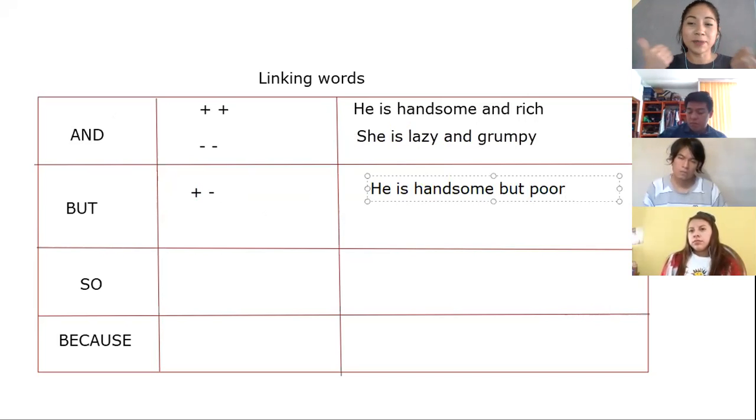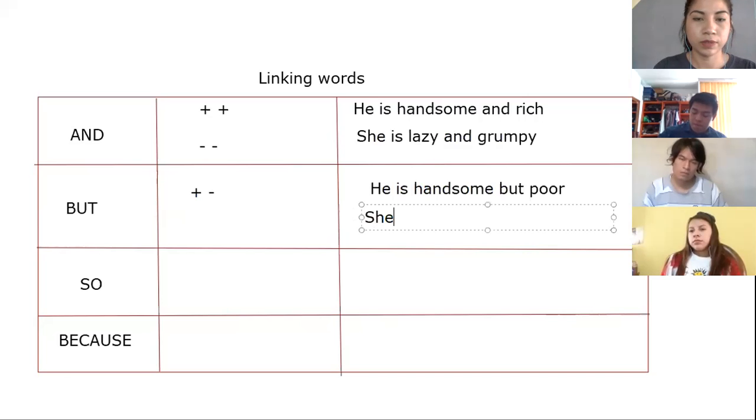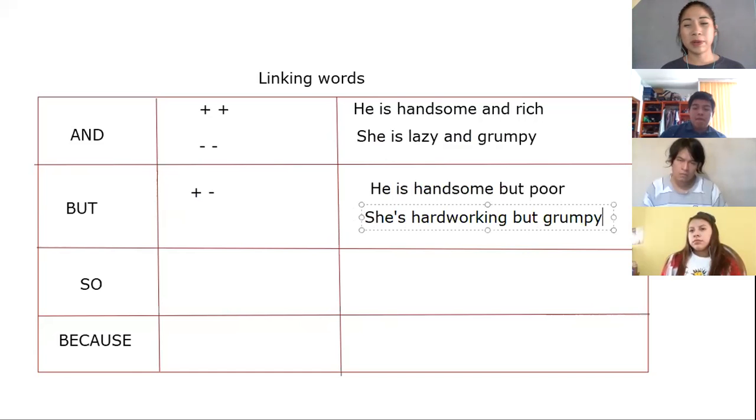So there is something positive and something negative. Or we can say she's hard working. Ella es muy trabajadora, but grumpy. Pero enojona. That is something positive, something negative. That is a contrast, to contrast two ideas, okay?